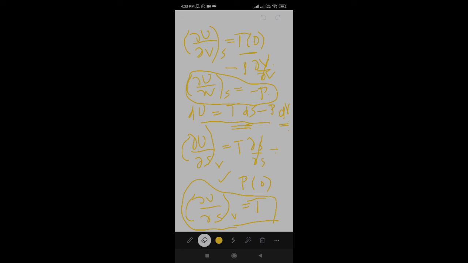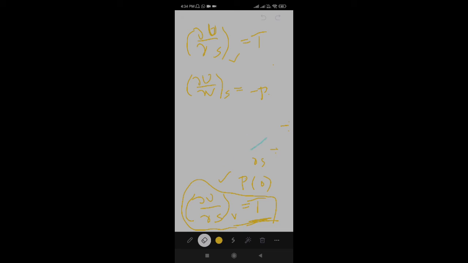The first equation: dou U by dou S is equal to T. We got these two equations starting from the first law, that is, from the definition of the thermodynamic potential called internal energy. I am retaining only these two equations now.